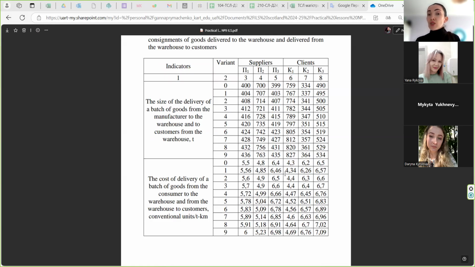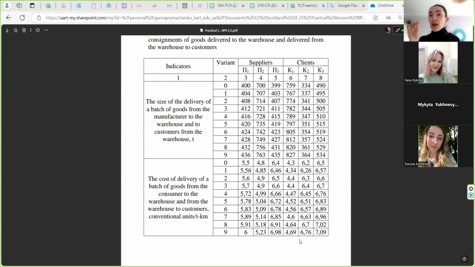For first variance, it is 4.34. For second variance, it is 4.4. Please find these parameters for your variance. It is tariff.